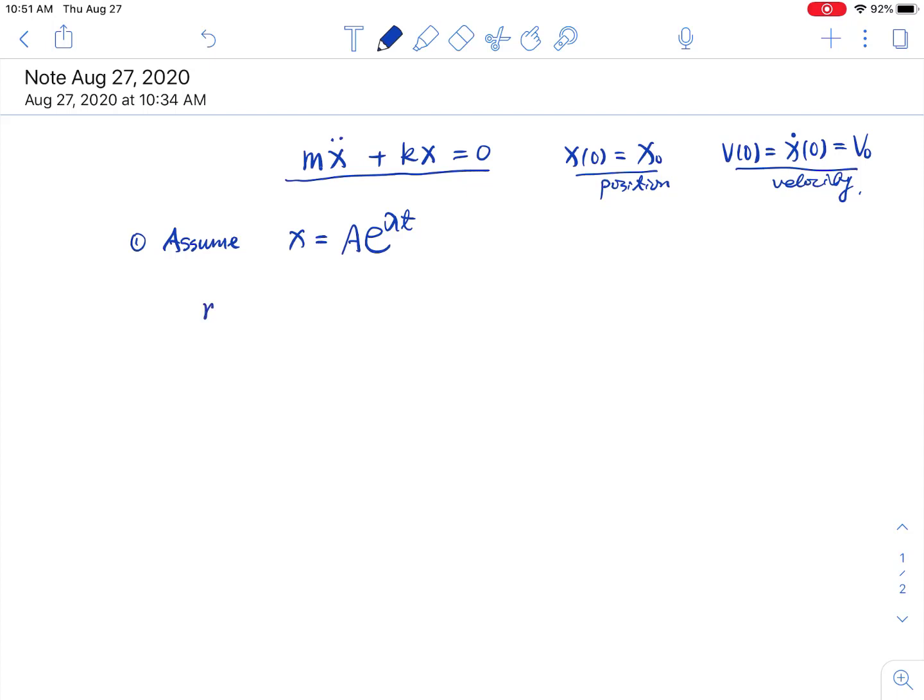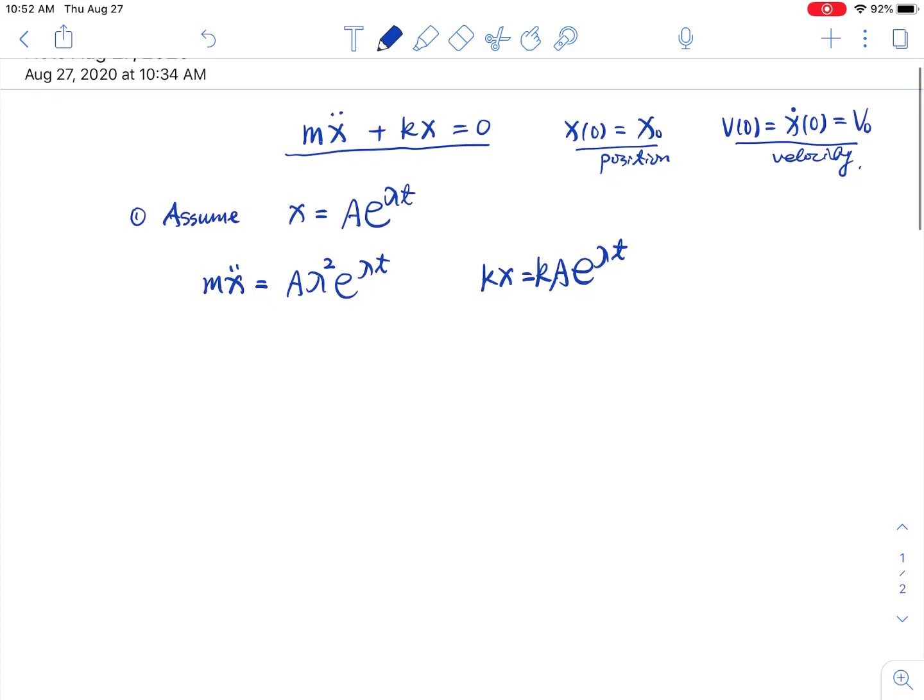So m x double dot equals m λ² e^(λt), because you have to calculate the time derivative twice, so the coefficient before t has to be put in front twice, and then kx is k e^(λt), and then we can put these two together.